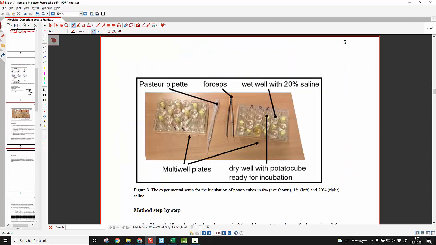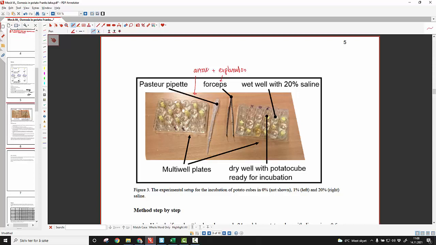Then this figure is actually obligatory, and this is the picture of the experimental setup, and it is annotated. So what does annotation mean? It means that you have an arrow or something, and then you have an explanation, and it shows a relevant picture of what's going on.